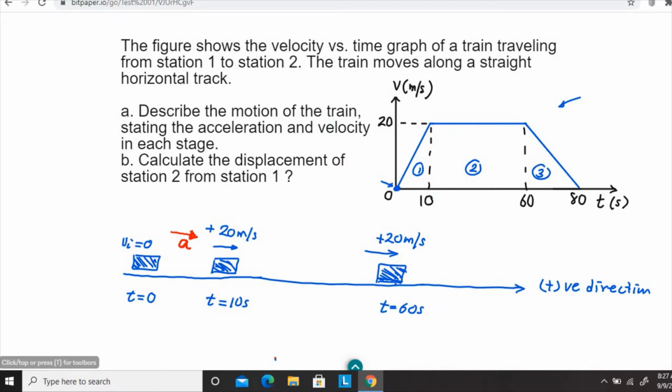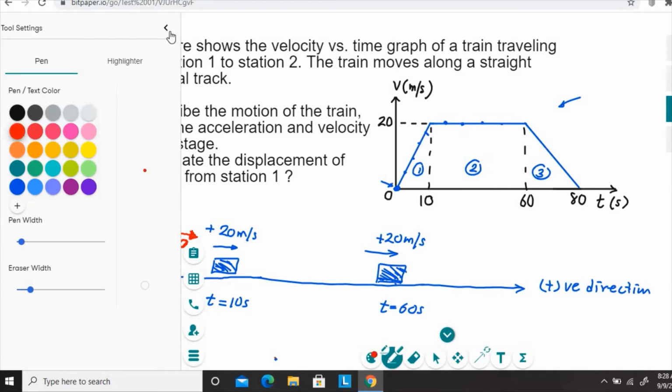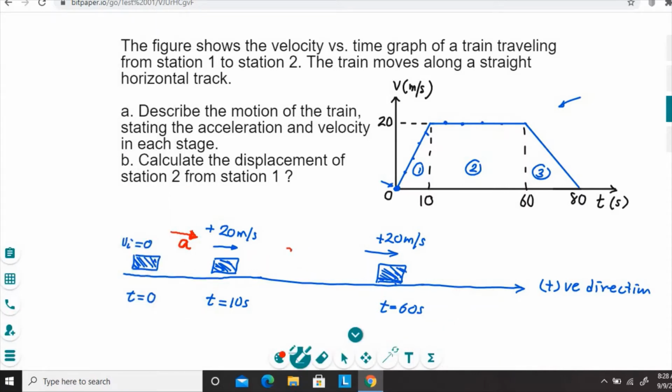You can see as time goes on, the velocity is the same. In stage 1, you can see as time goes on, the velocity value, look at this vertical part, it's increasing up to 20 meters per second. So here for the second stage, since we don't see any change in velocity, we can call that acceleration A prime. The acceleration is 0. This is what we call constant velocity motion. For that, the acceleration has to be 0. So that's stage 2.